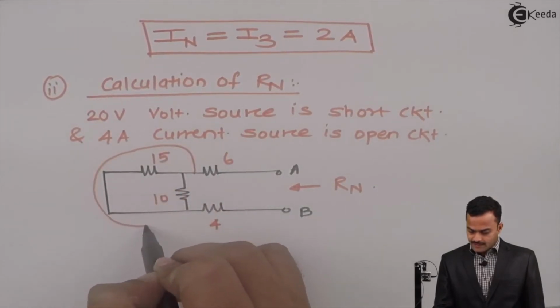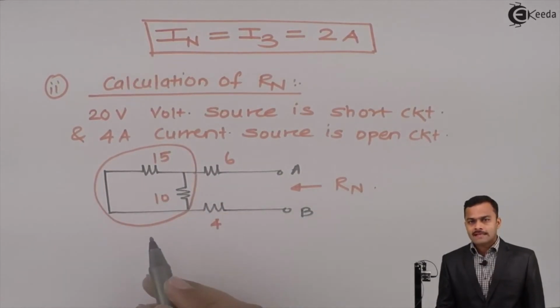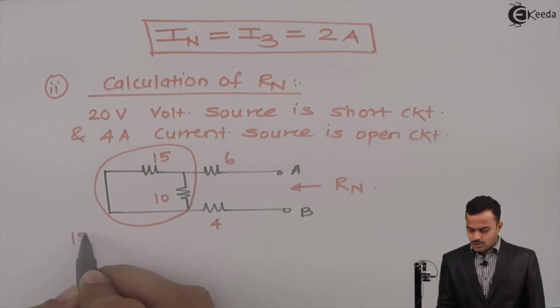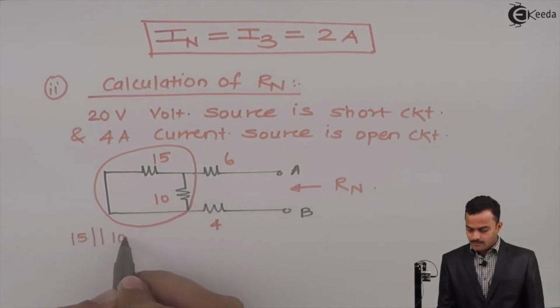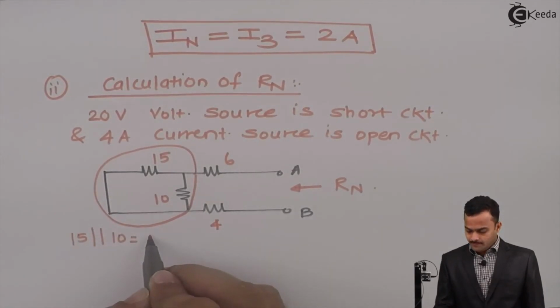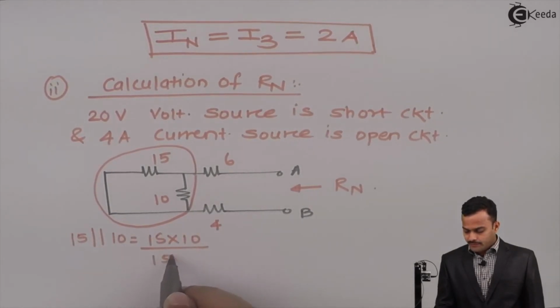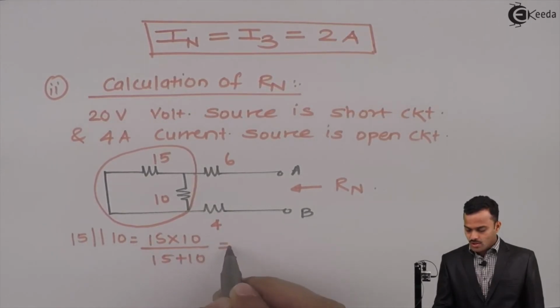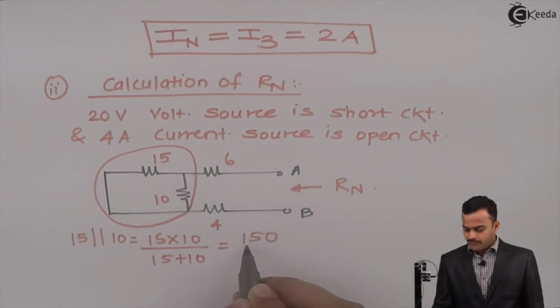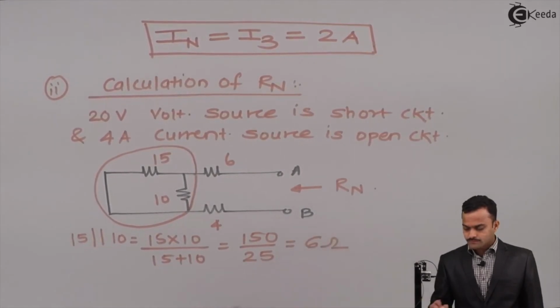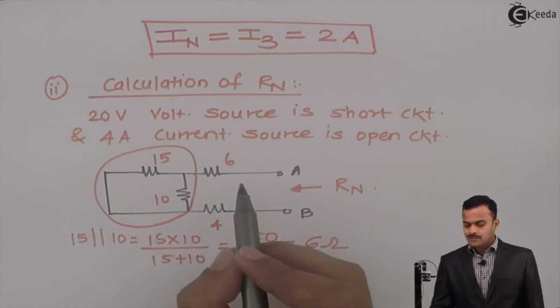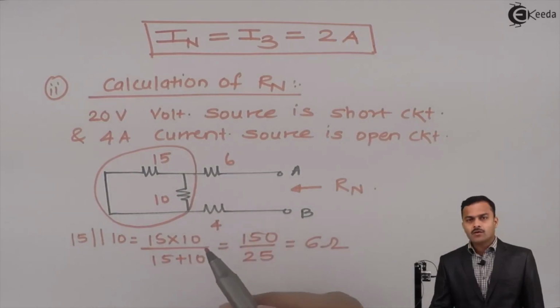15 and 10 form a loop, hence I can consider these two resistances to be in parallel, and the equivalent will be 15 multiplied by 10 divided by 15 plus 10. If I solve, I will get 150 divided by 25, nothing but 6 ohm. Now this 6 ohm will come in series with the other 6 ohm and 4 ohm.